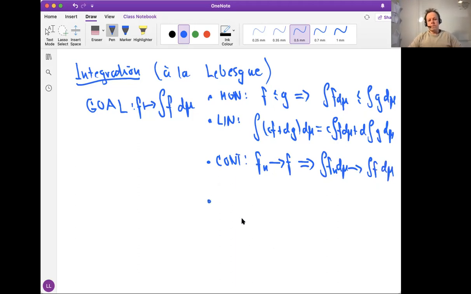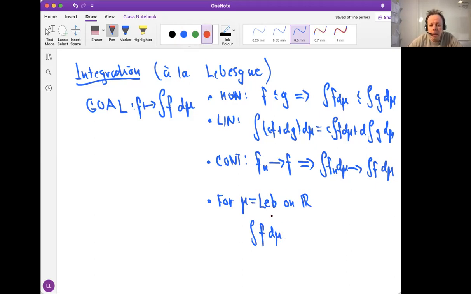And then what else? We would like to have the property that for mu being the Lebesgue measure on the real line, the integral of f with respect to the Lebesgue measure, so now we plug in Lebesgue in place of mu, becomes the ordinary integral for reasonable or good functions f.